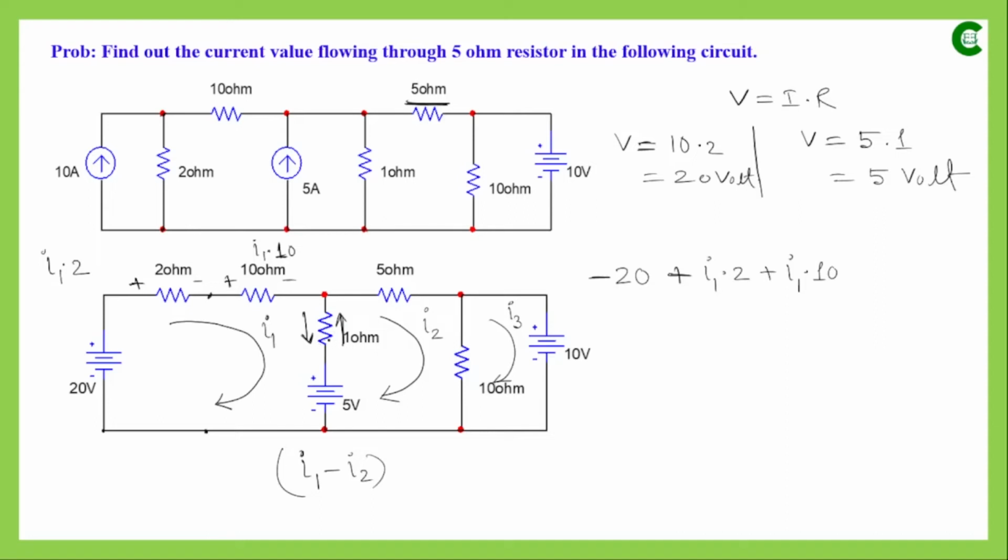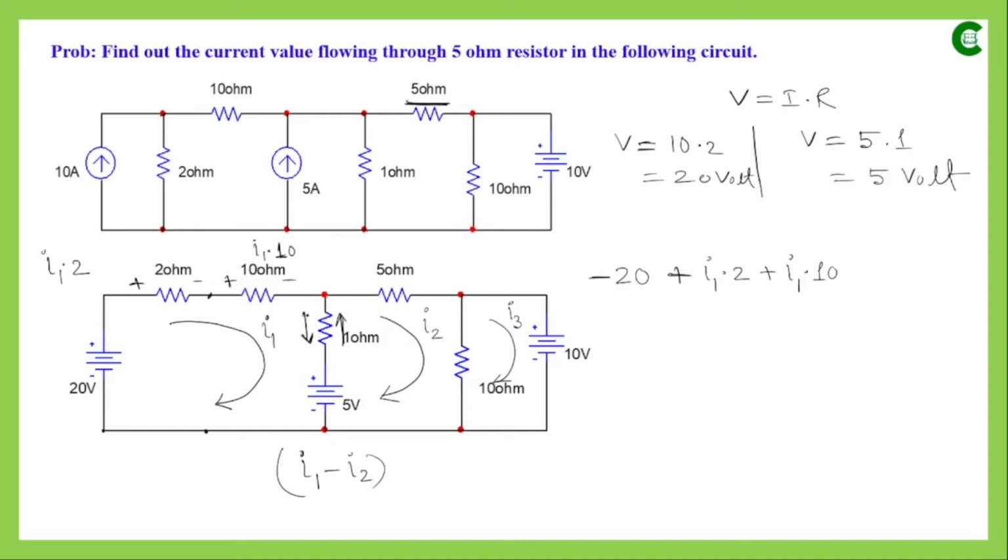So for 1 ohm, the I1 current is flowing in the downward direction, and through that resistance the I2 current is flowing in the upward direction. Since we are analyzing the first loop now, the net current flowing through this 1 ohm resistance will be I1 minus I2.